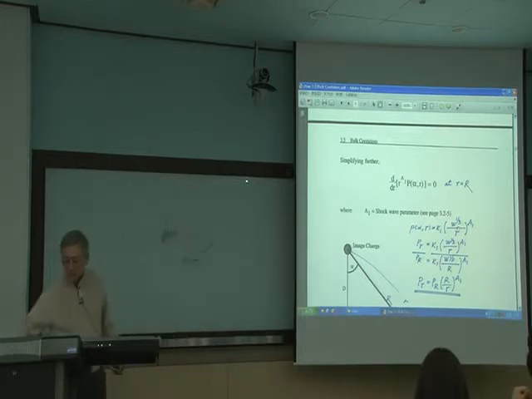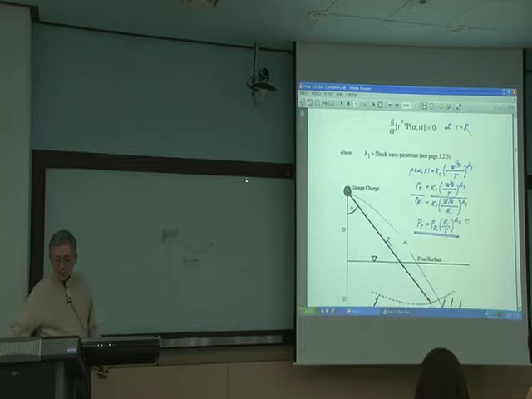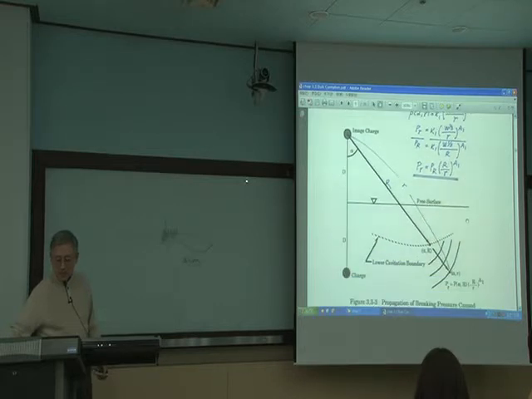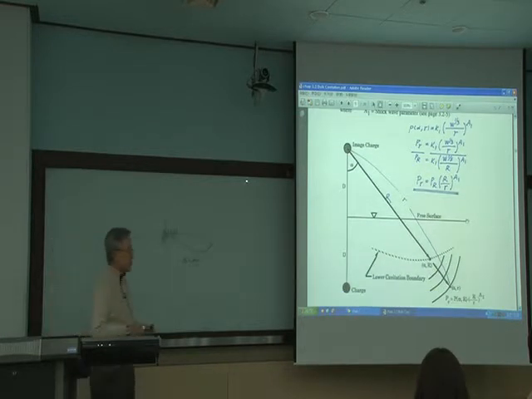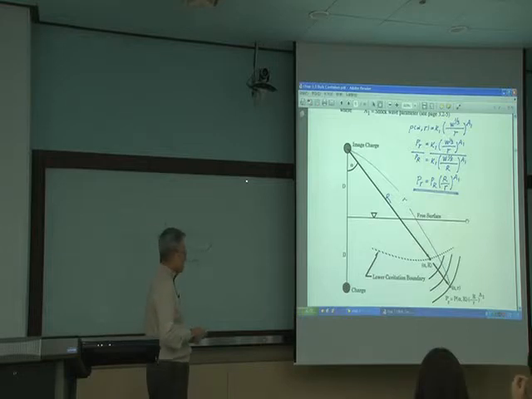And the lower cavitation boundary right here. It uses a slightly different coordinate, and this point is a function of r.